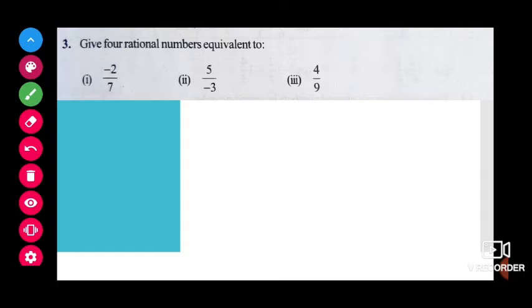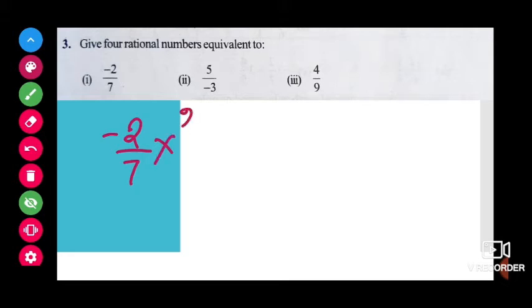Okay. Next one, give 4 rational numbers equivalent to. Here equivalent rational numbers how we will get, I told you already, by multiplying with the same number both numerator and denominator, or by dividing with the same number both numerator and denominator. So same way first I will take minus 2 by 7, 4 they are asking.